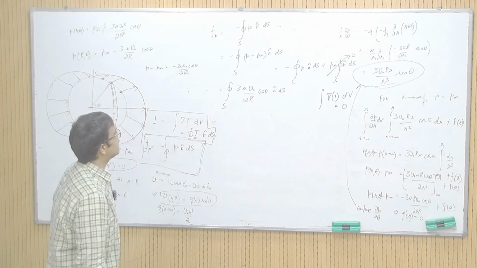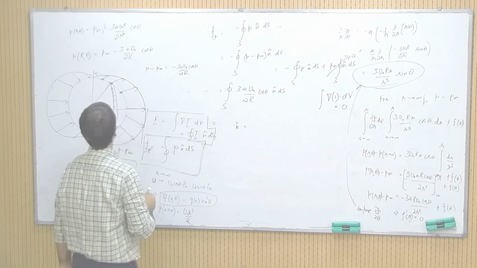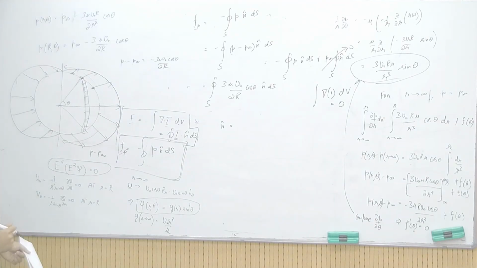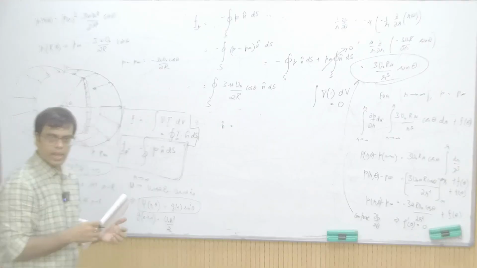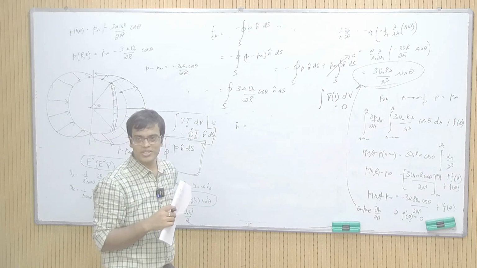What is n hat? How can we write n hat for a spherical surface? What is the unit normal for a spherical surface?